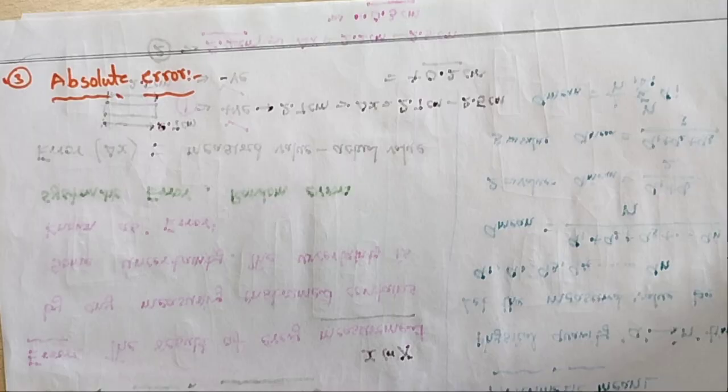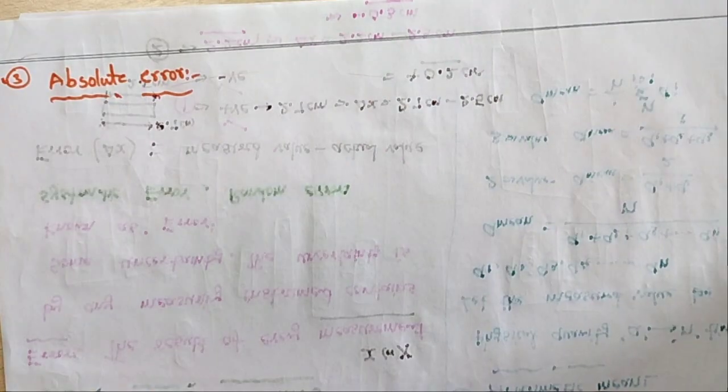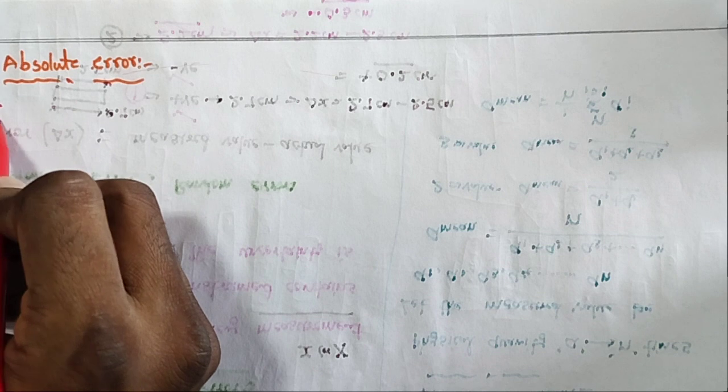Next, the third one: absolute error. So what is the absolute error? Here I am taking the magnitude.